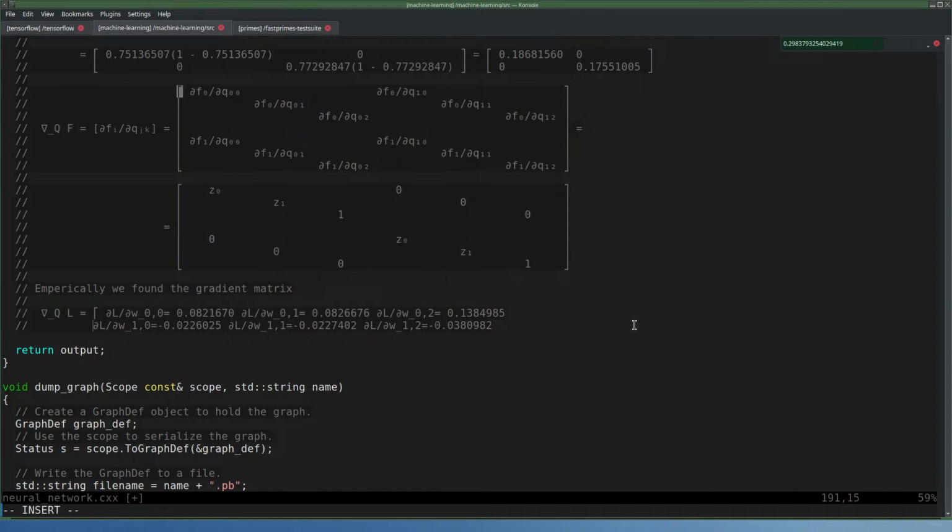So the W is a Q here because we are talking about the second layer. It uses Q as the weight matrix. So I have to change all these W's here to Q's.